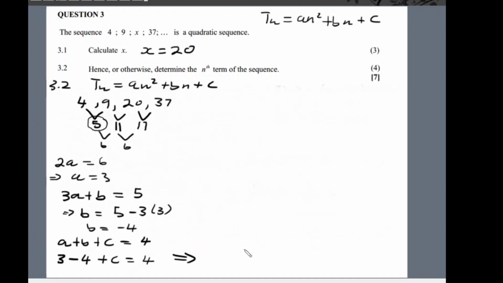This means that c is equal to 4 plus 4 minus 3, which is 8 minus 3, that is 5. Therefore the formula for the nth term of the sequence is 3n squared minus 4n plus 5.